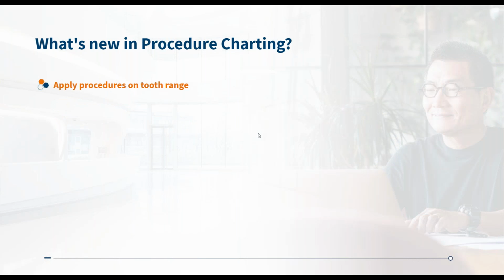The next one is applying procedures to a tooth range. Some procedures you would not be applying to a single tooth, you could be applying them to a range of teeth.